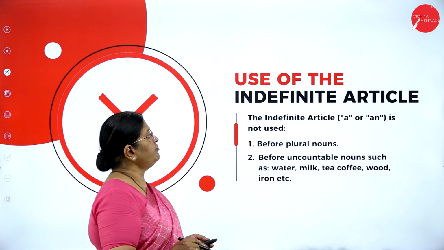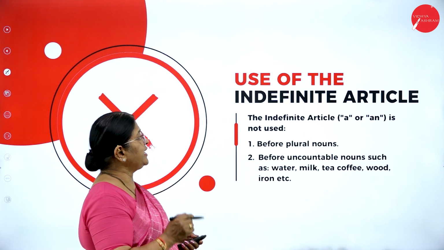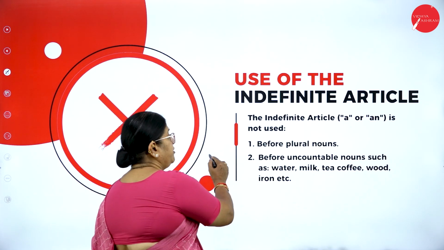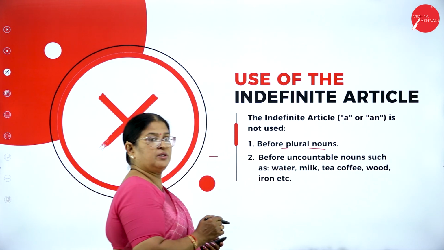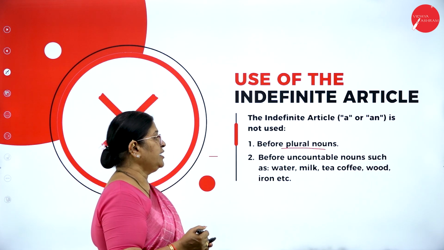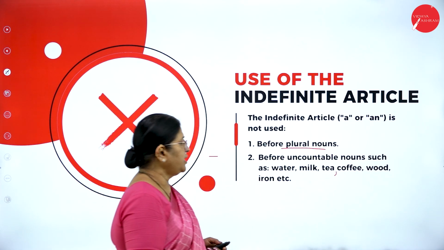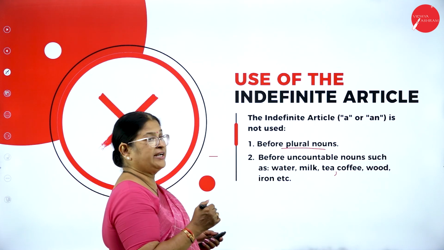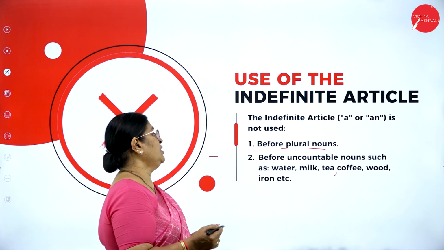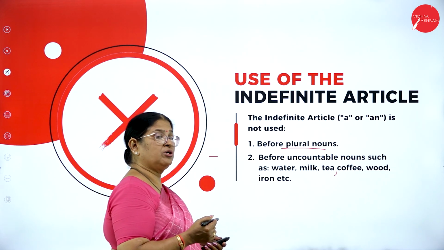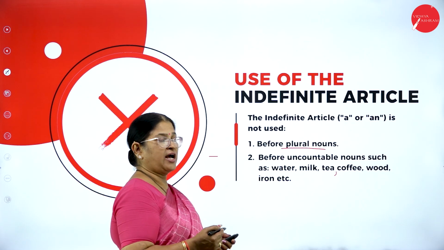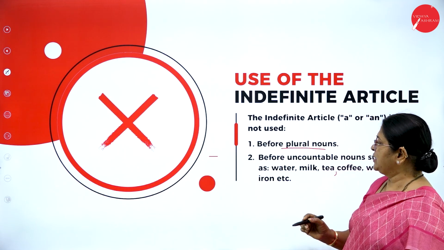Next, use of indefinite article. The indefinite article a or an is not used before plural nouns, and second, before uncountable nouns such as water, milk, tea, coffee, wood, iron, etc. Hope I am clear in this.